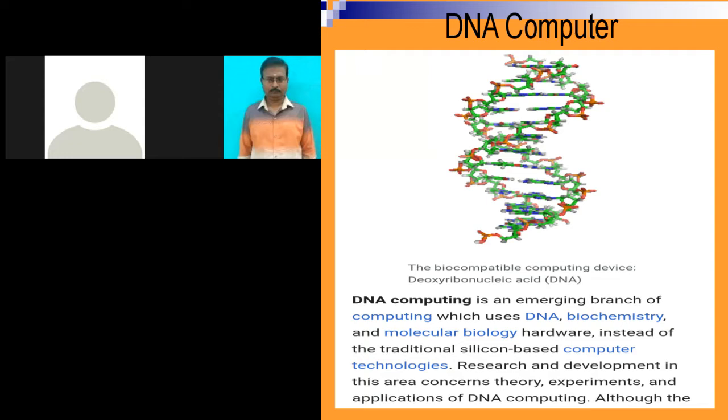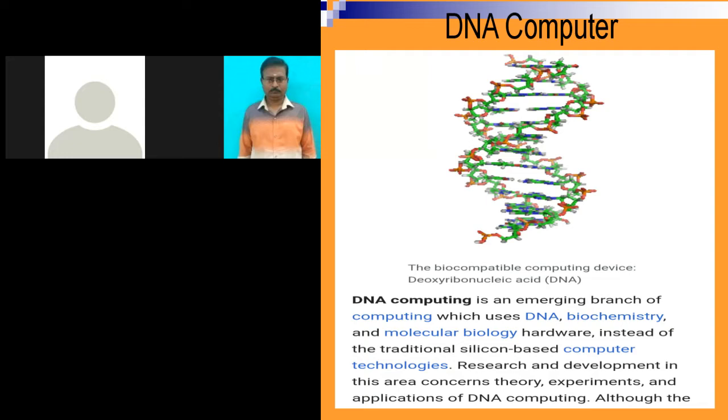So knowledge about biochemistry and molecular biology is required for DNA computing in the computer field. The hardware, that is DNA, is used in the computer hardware instead of the traditional silicon based computer technologies.